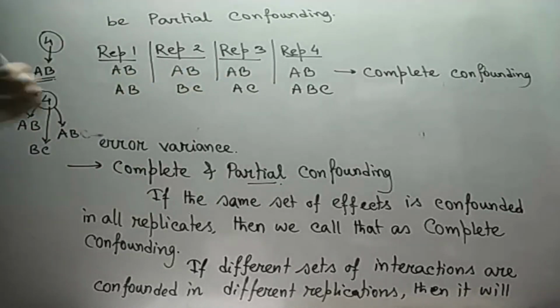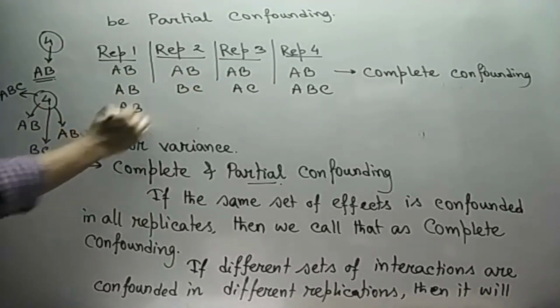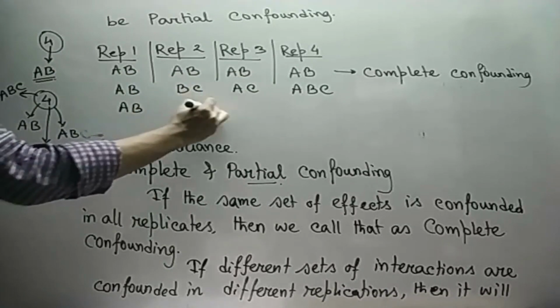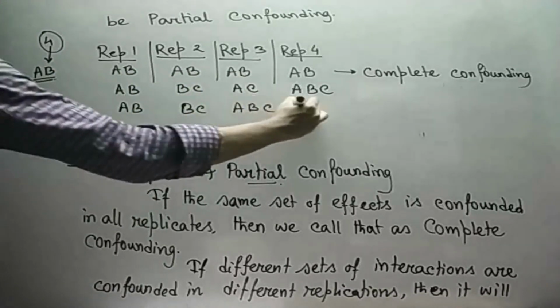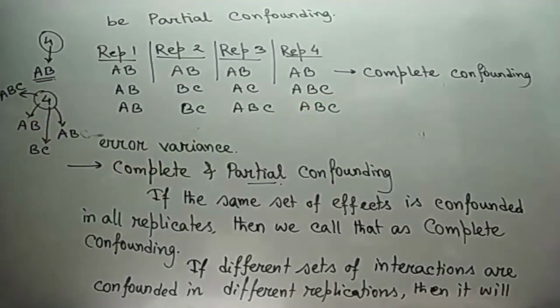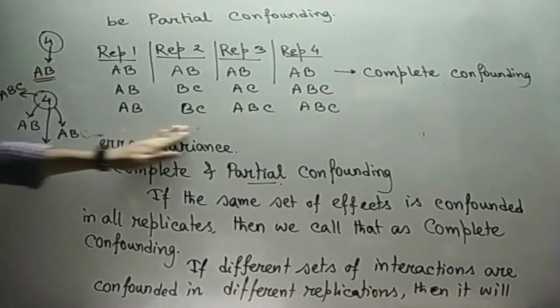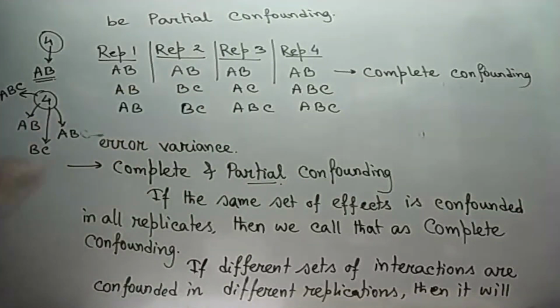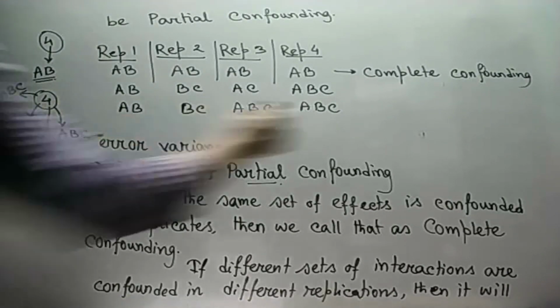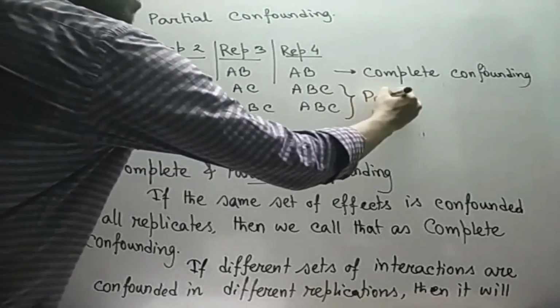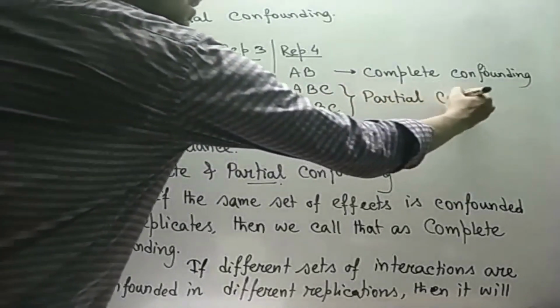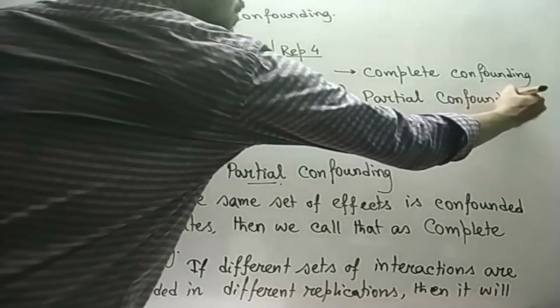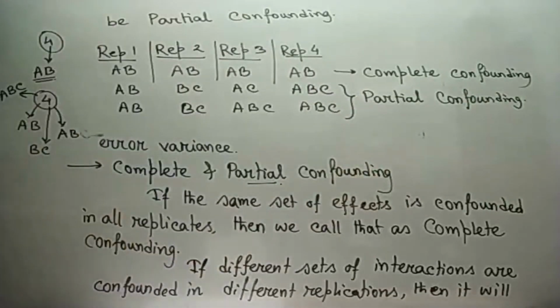Even this is also a case of partial confounding. Okay, so that means if in at least 2 different replicates we have 2 different treatment combinations, then we can say this is partial confounding.